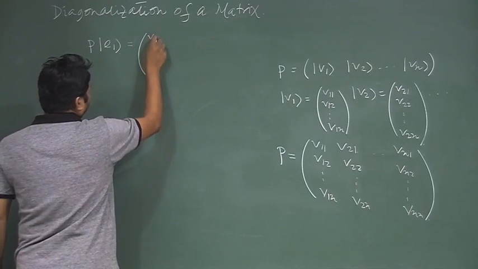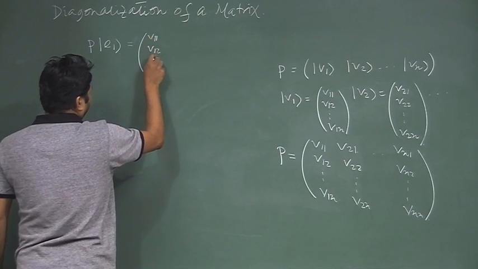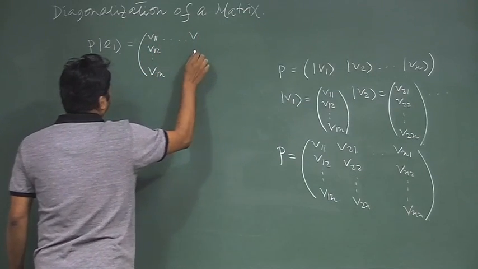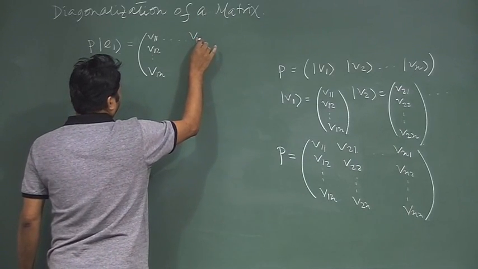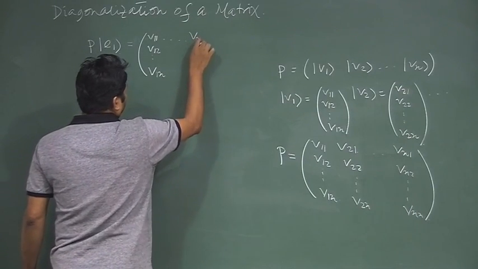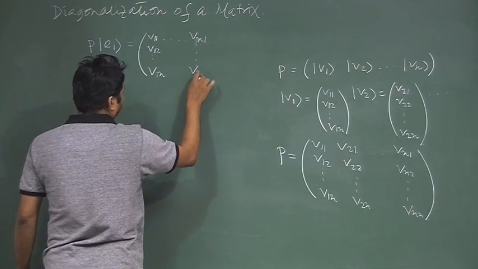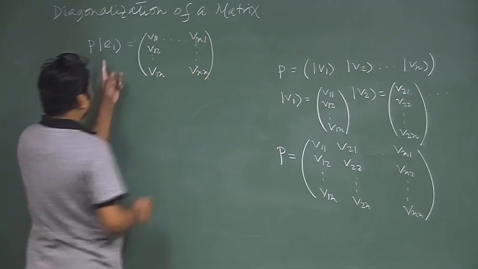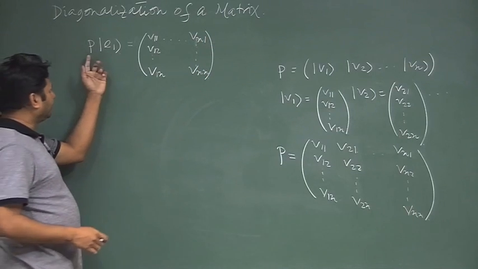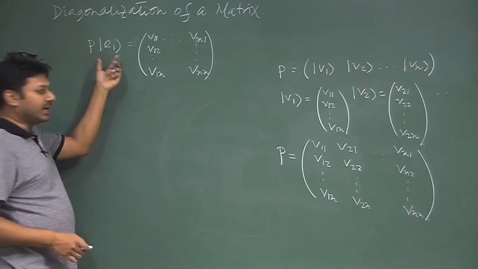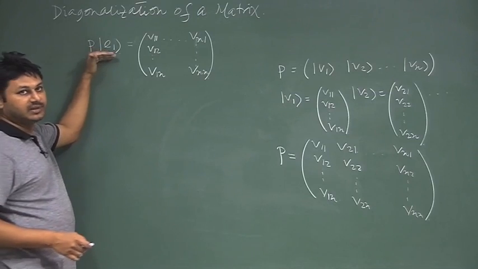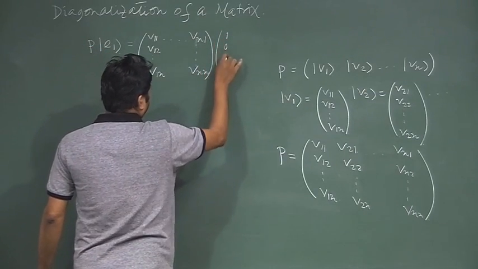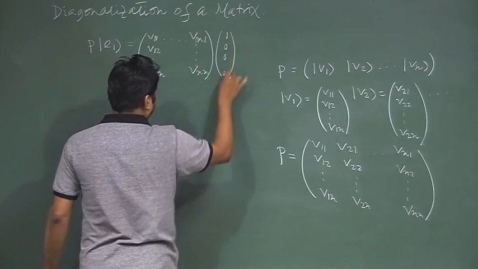My P is V11, V12, up to V1n, and so on, down to Vn1 up to Vnn. I operate it on ei. I am trying to find the value of this, which is interesting. ei is a natural basis vector, so I will have this.